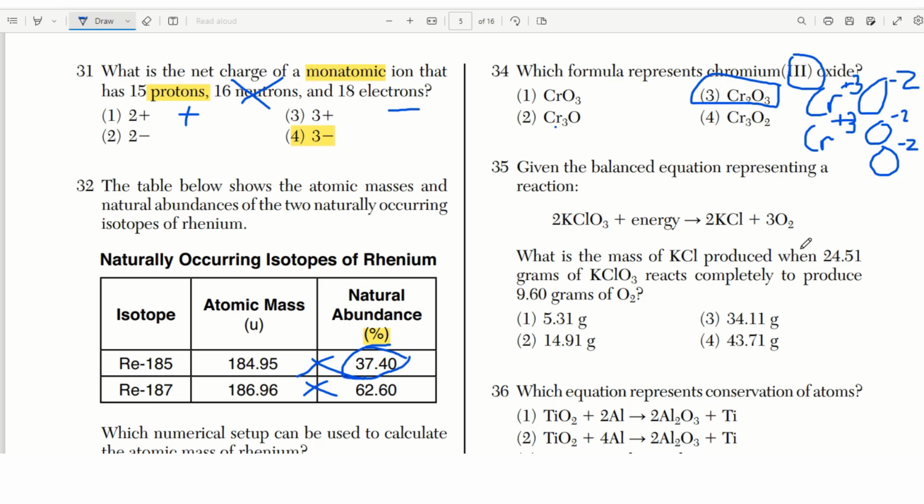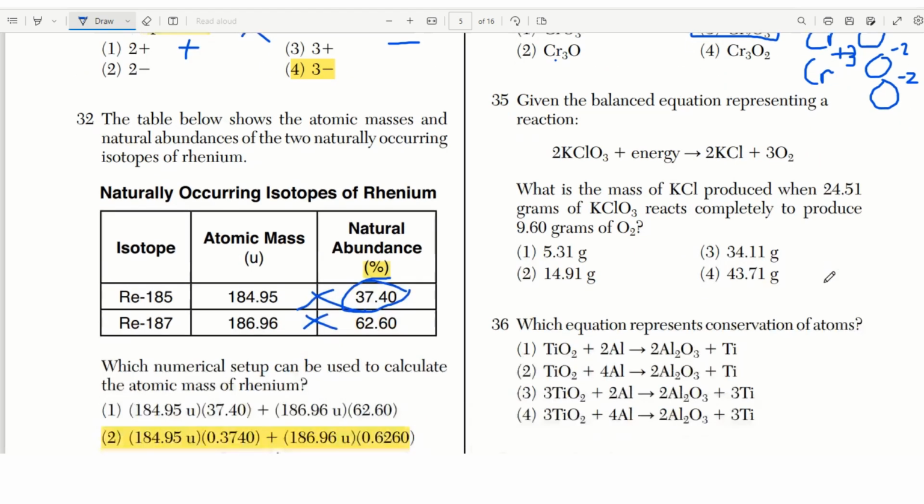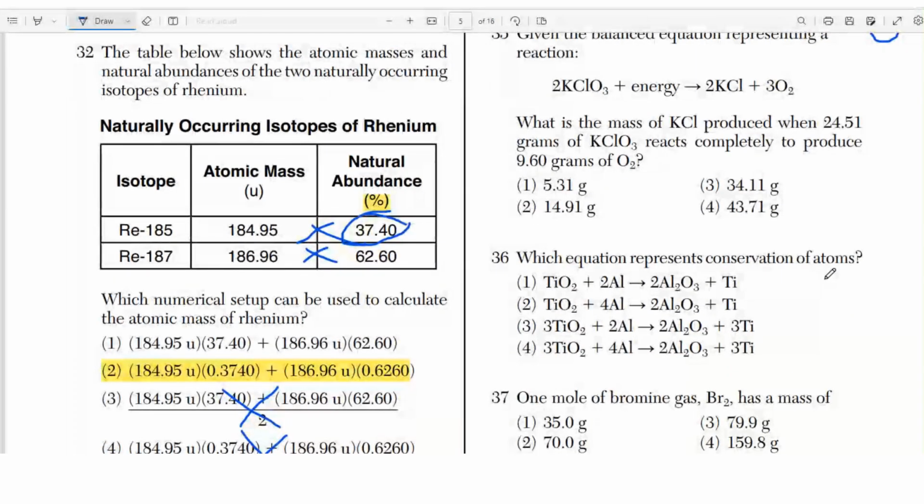Okay. Given the balanced equation representing a reaction, what is the mass of KCl produced when 24.51 grams of KClO3 reacts completely to produce 9.60 grams of oxygen? Well, this seems like a hard question, but I promise you this is actually way easier than you might even think.